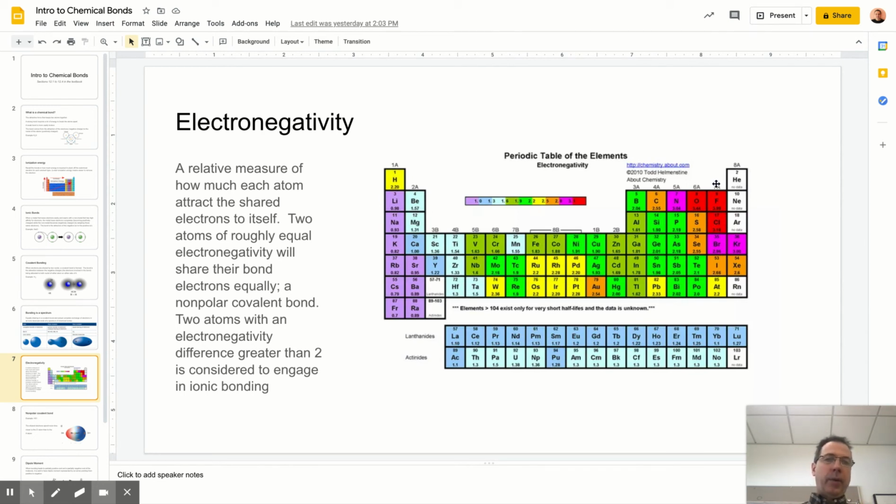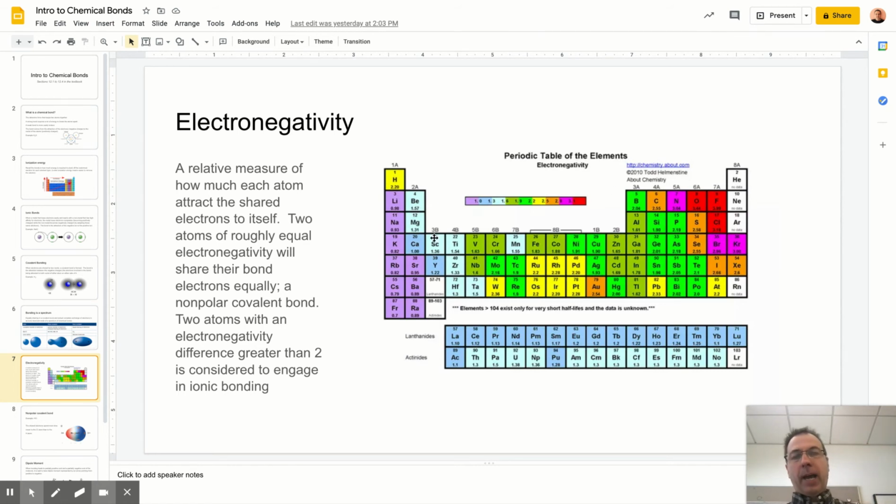Because if you're in column 7A on this chart, you're just lacking one electron. So if you could just have that one electron around you, you get a complete shell. Everything can be symmetric. And in 6A, if someone would just share 2 with you, then you really want the 2, and you tend to hog them, basically, right? And so you would get that delta minus sign on that polar molecule.